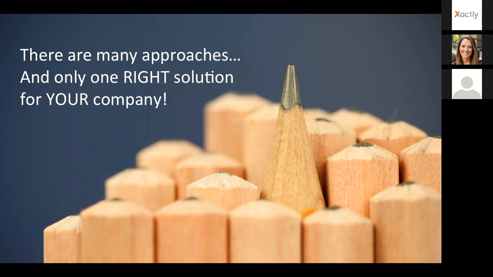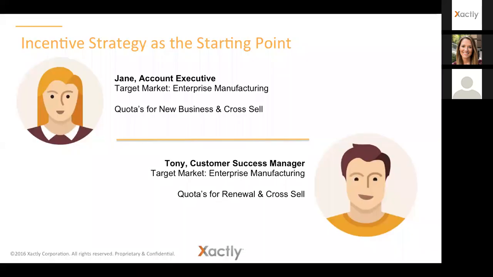The first thing that this group would really need to know is, what are the commission strategies for Cloud Corp, right? So this dynamic duo, Jane and Tony, these two work together an awful lot at Cloud Corp. Jane's our hunter. Jane goes out and seeks out new customers. She works with prospects and she closes deals, right?